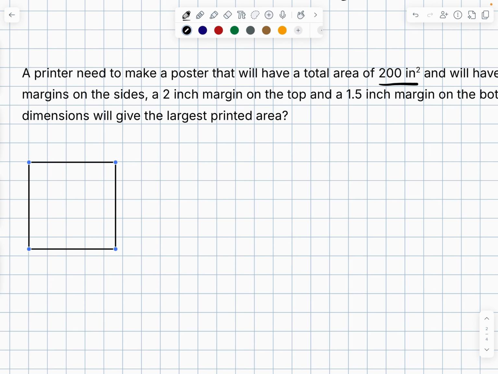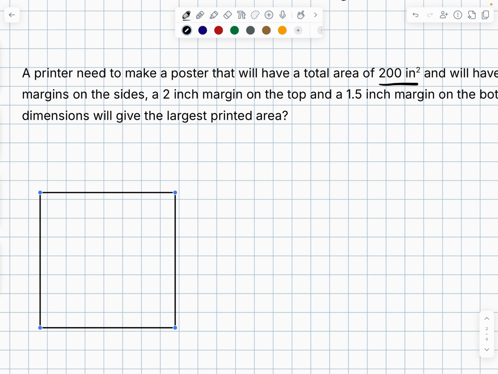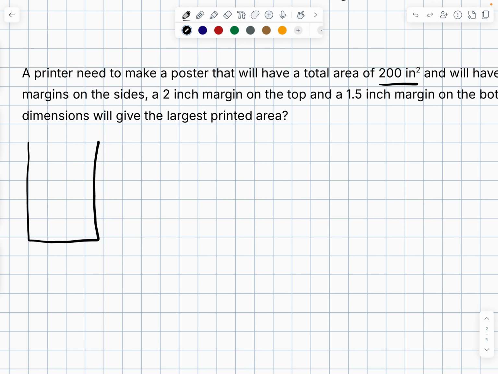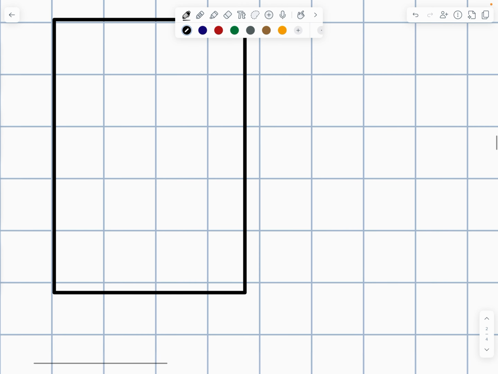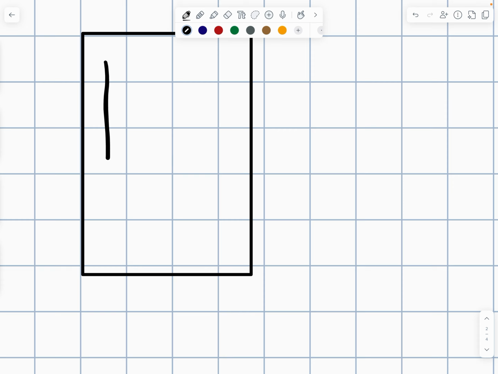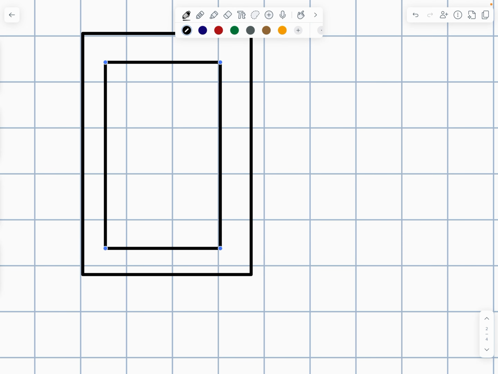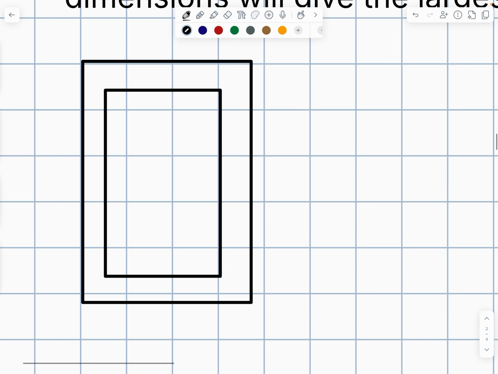So we have a paper. Let me make that bigger. Let me actually remake that. We have a paper, and then it says that we have margins inside this paper, so we're finding the dimensions for the inside part.